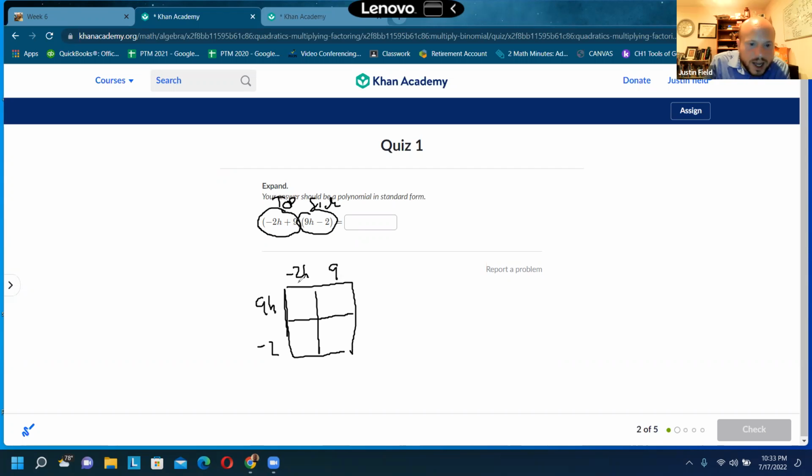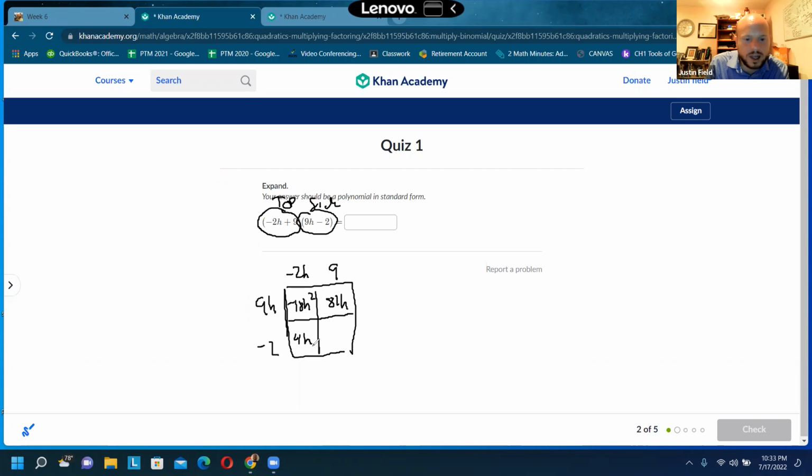Then I multiply my base and height. So 9h and negative 2h is negative 18. Now make sure you make that h squared because there's 2 h's. This would be positive 4h, 2 negatives make a positive. 9 and 9 is 81h.